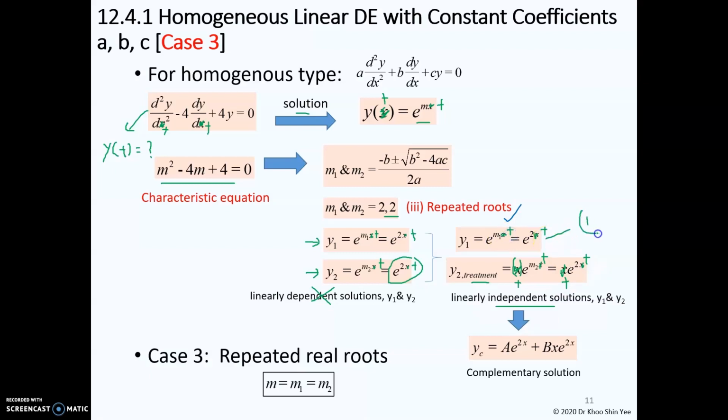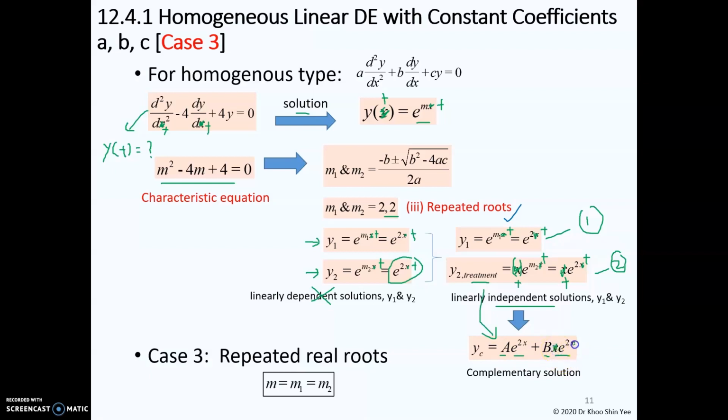With that, you obtain the first solution to be exponential 2t, and your second solution to be t multiplied with exponential 2t. So you can combine them by using the superposition principle, where you multiply a with y1 plus b with y2 after the treatment.